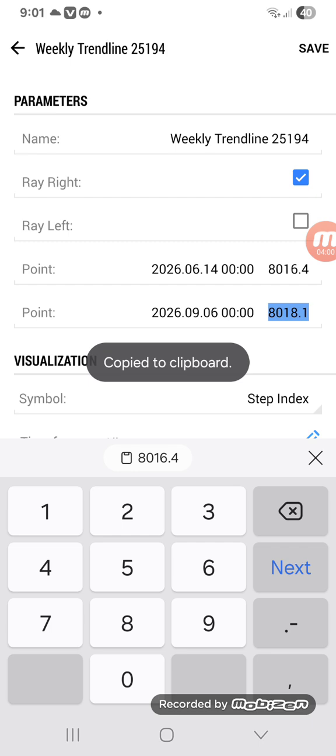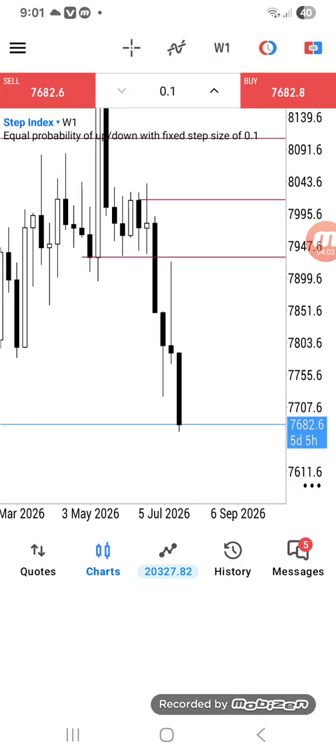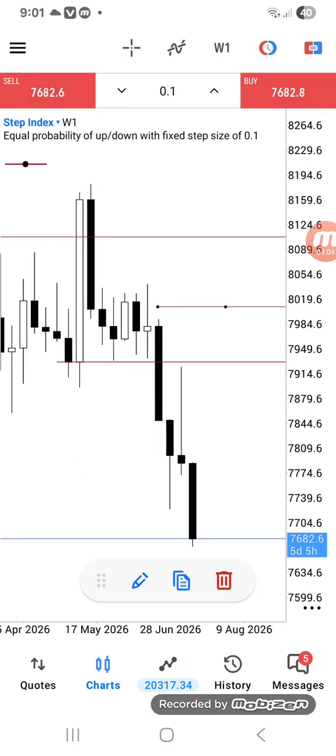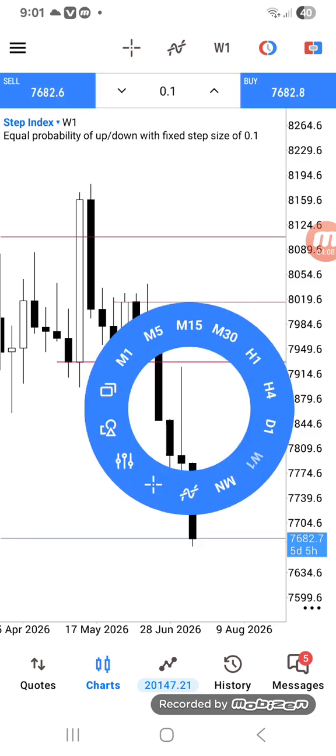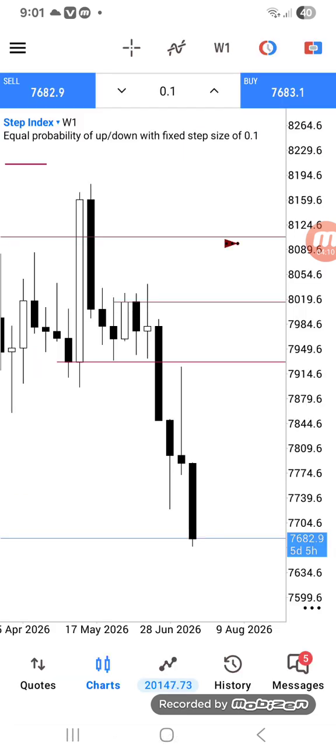On the weekly we have a weekly rejection. This is the weekly rejection over here, and this was our resistance. This was our resistance, and we have a weekly rejection.